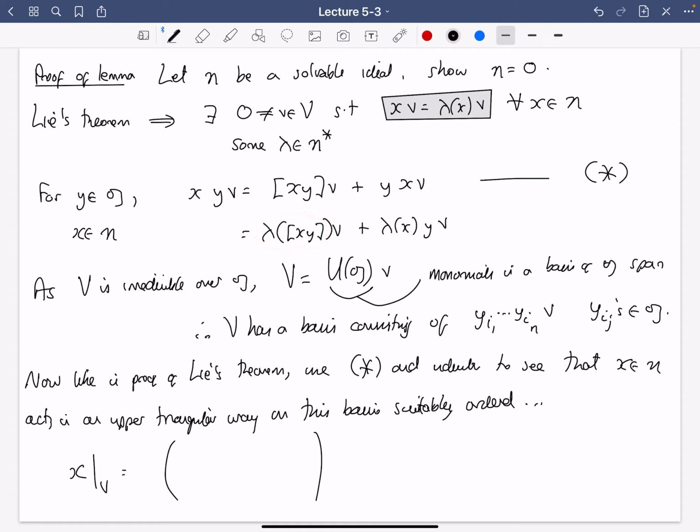So this matrix has lambda of x down the diagonal and is upper triangular in this way, and this is for any x in our solvable ideal n.